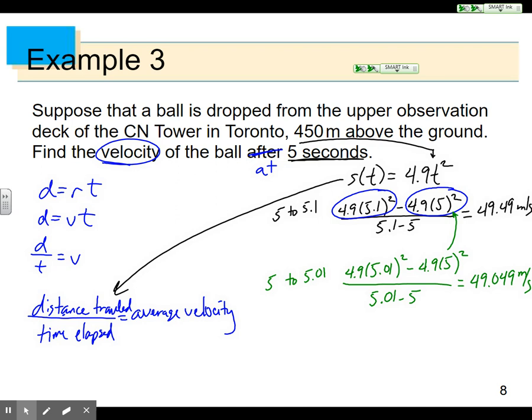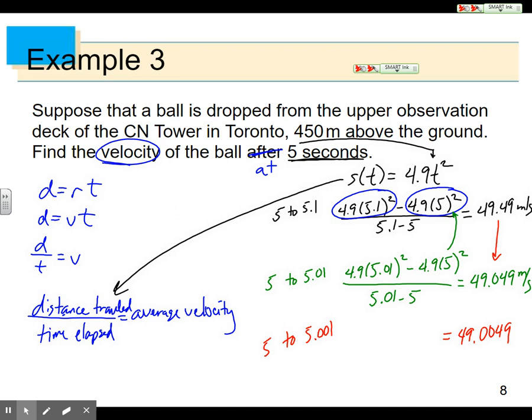I can get closer. I could definitely go 5 to 5.001, and that would give me something closer to 49, but I'm willing to bet you don't have to go all the way to 5.001. You can kind of see what nice value this is getting close to.